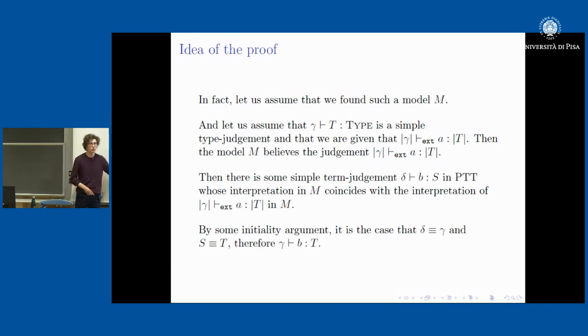Since M is a model of ETT, it needs to believe this judgment, which means that there is some section of the corresponding display map associated to the interpretation of T. But M has the property that the interpretation of PTT is surjective, so this section will also need to be the image of a term judgment in PTT, because M has this property of surjectivity of the interpretation of PTT.